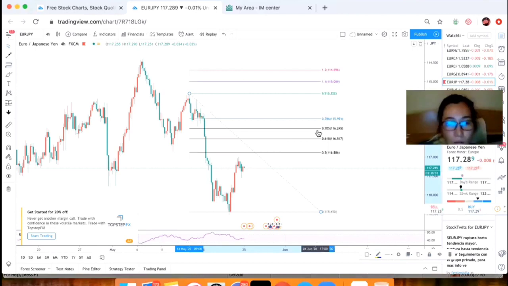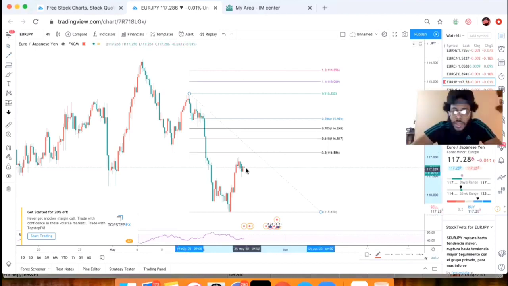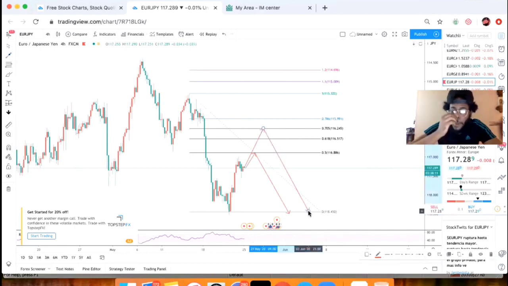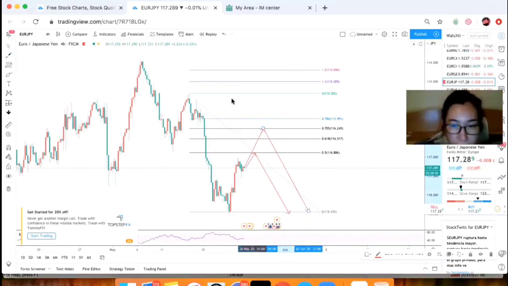So we can see that price is here, the 50%. Yeah, it might react, but banks are probably looking for 70% off to enter there and then push price down. That's how we use the Fibonacci tool.